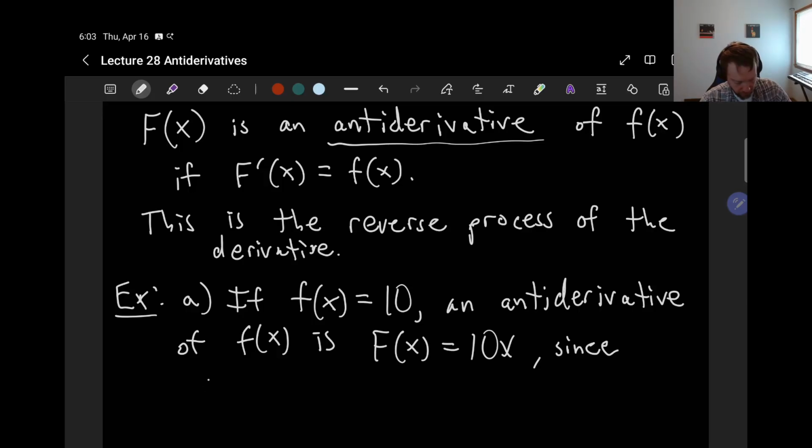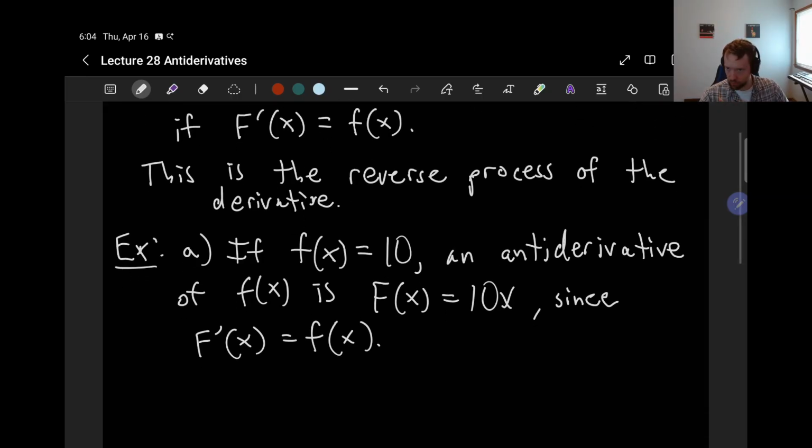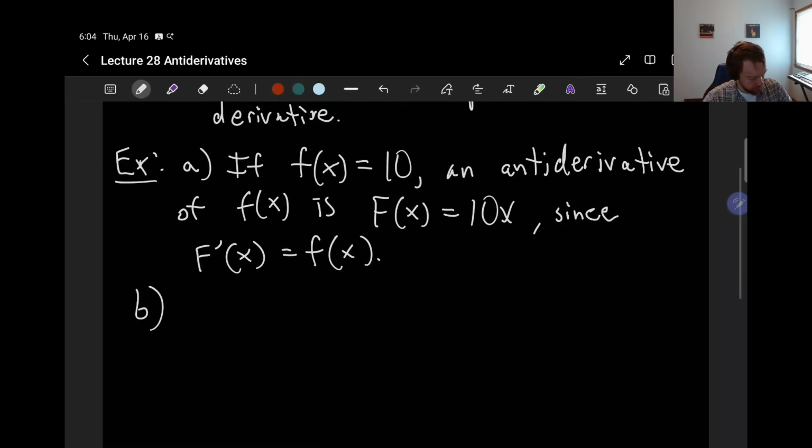And this is since if you take the derivative of capital F, you get little f back. Hence, capital F is an antiderivative of little f. So we're just going backwards with our derivative. Right? 10 is the derivative of 10x.